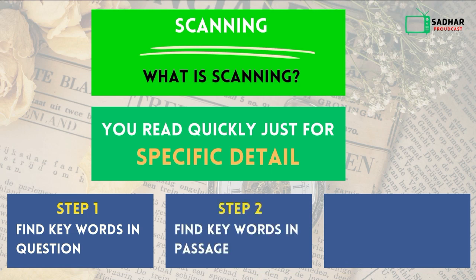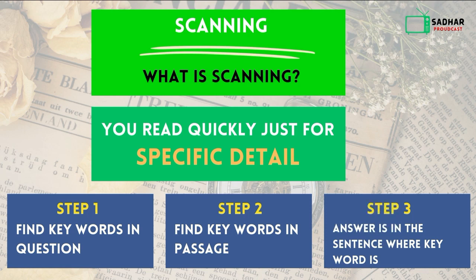Step 2, you find the same words from the question in the passage. Step 3, the answer is in the sentence where the keyword is. So once you find the keyword in the passage, you can find the answer in the same sentence.